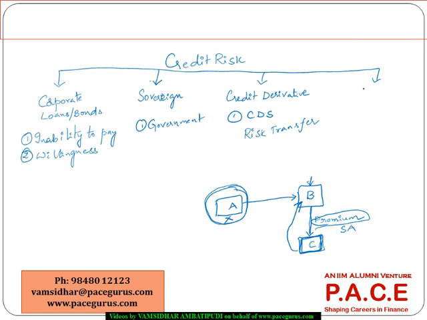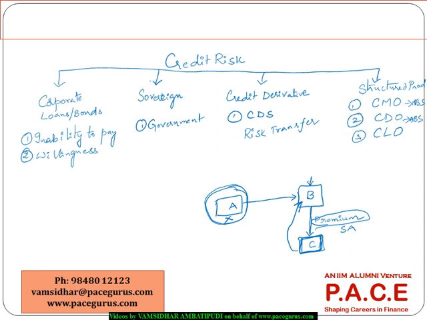And the final dimension that I am looking at is structured products. We have seen today there are so many structured products coming up in the market, such as collateralized mortgage obligations, collateralized debt obligations, collateralized loan obligations, mortgage-backed securities, a structured form of asset-backed security.